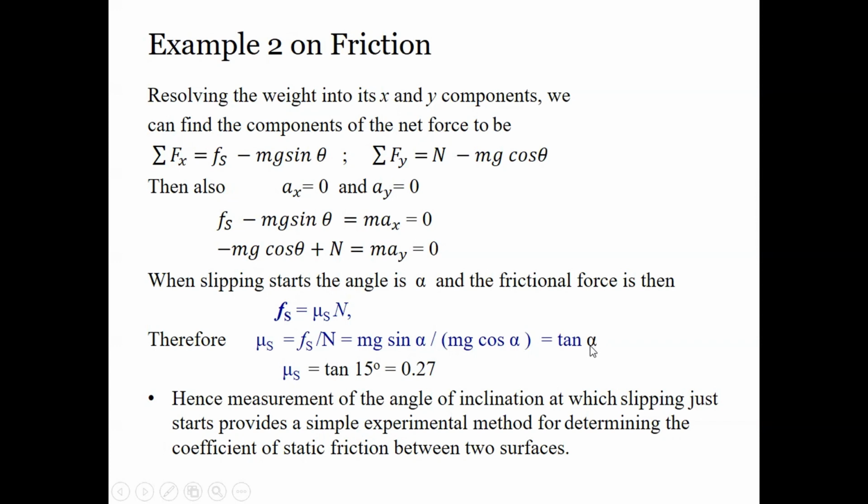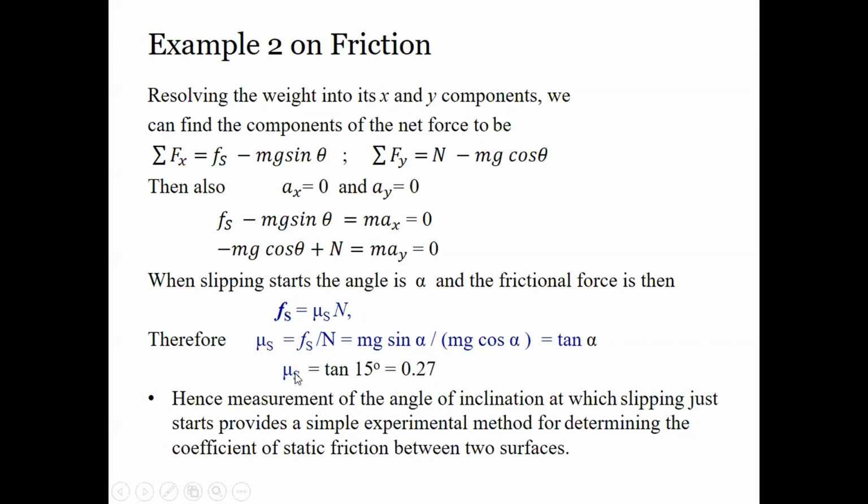And from this, we can find the angle. If it starts moving at 15 degrees, then the coefficient is 0.27. So measurement of the angle of inclination at which the slip starts occurring provides us a very simple experiment, that at this angle the balance of the forces breaks.